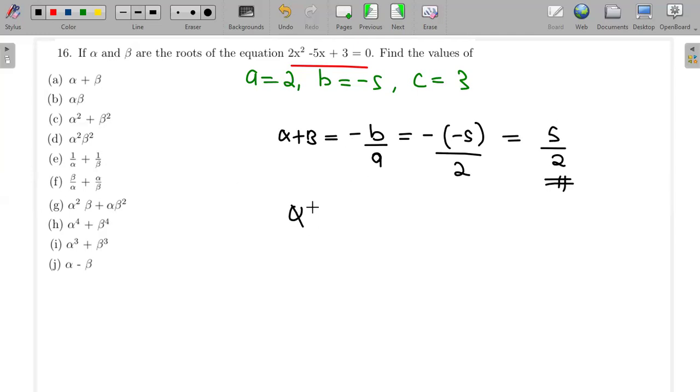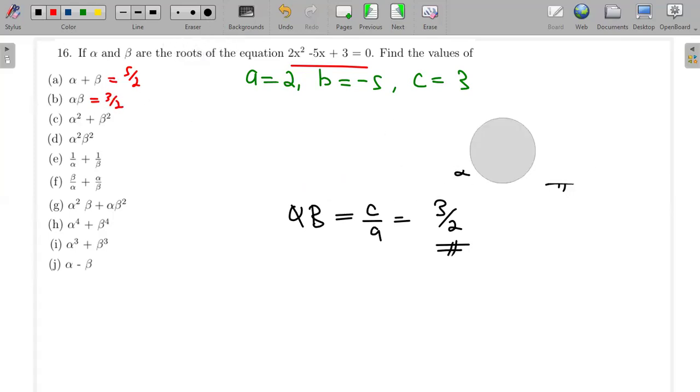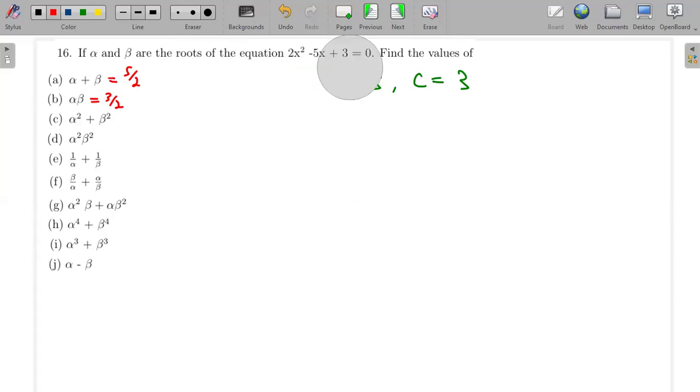What about alpha multiplied by beta? Alpha multiplied by beta will be c over a, so this is just going to give me 3 over 2. We can even write the answers there so that we can remember: alpha multiplied by beta is 3 over 2. These were very simple because we have the formulas.